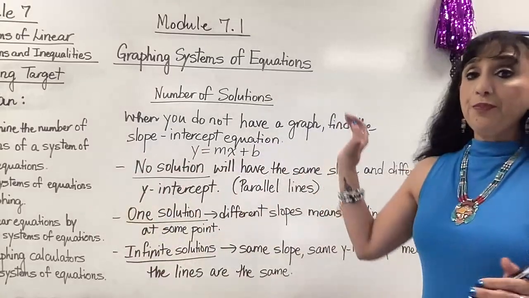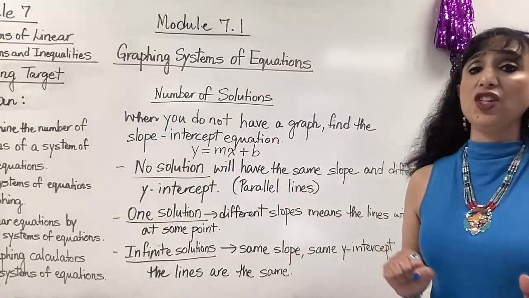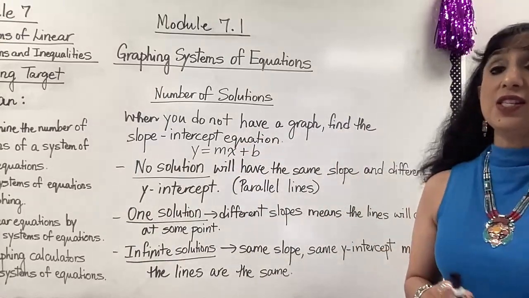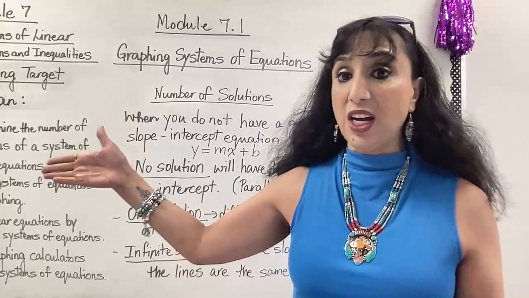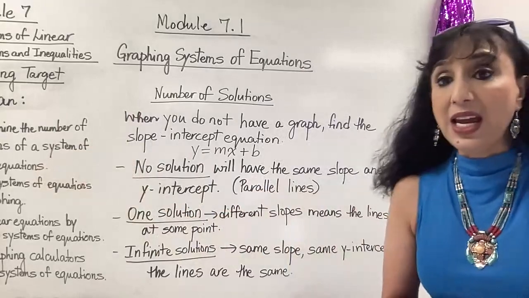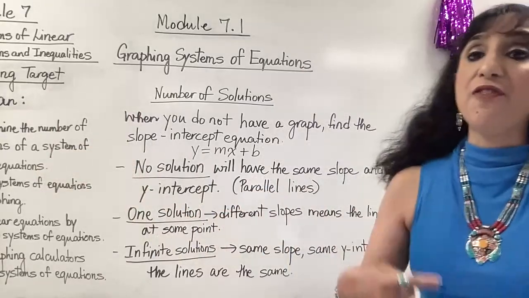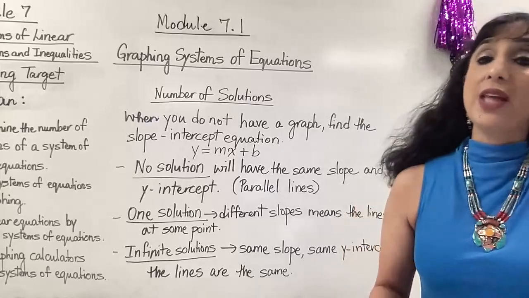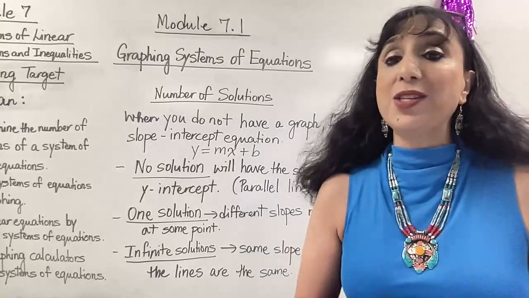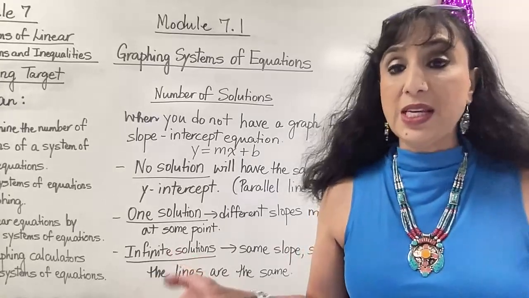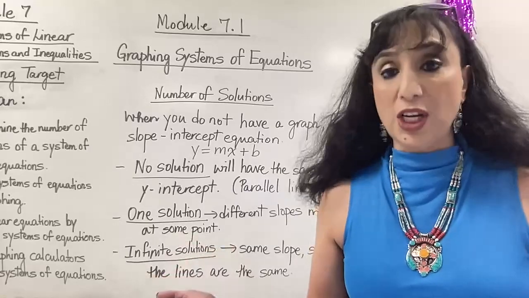If there is no solution, as I just showed you on the graph earlier, they're going to have the same slope but different y-intercepts. That tells you it is a parallel line, and therefore there's going to be no solution. It's inconsistent.